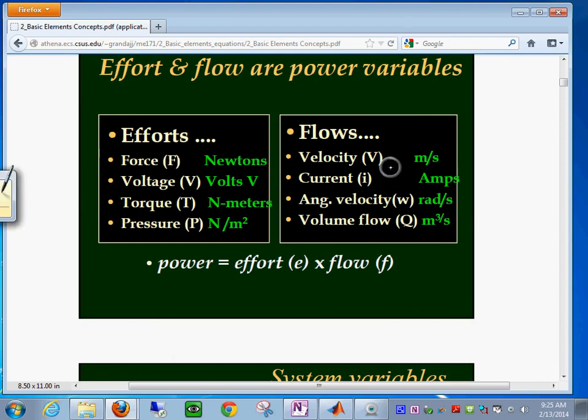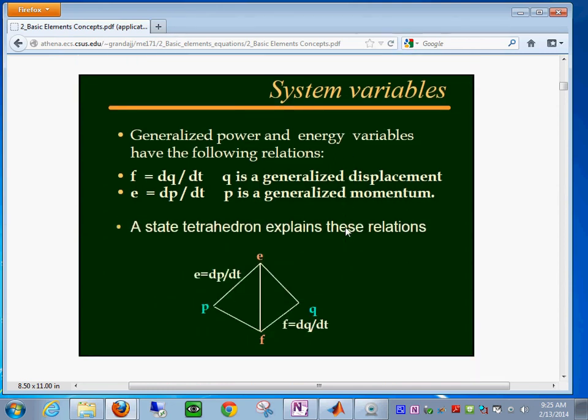So for example, the efforts in a mechanical system would be measured in newtons for the force, volts for the voltage, newton meters for the torque, and newtons per square meter for pressure. And the flow variables would be a velocity in a mechanical system, a current in the electrical system, angular velocity in a rotational system, and volume flow rate in a hydraulic system. So this is in the different energy domains.